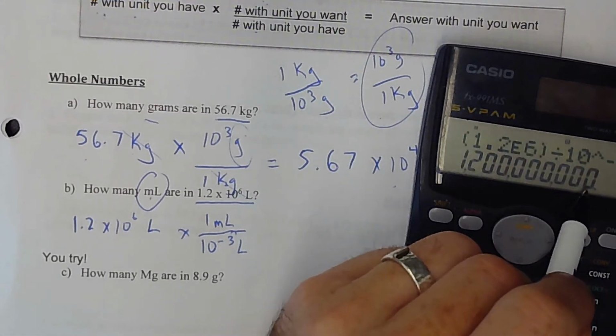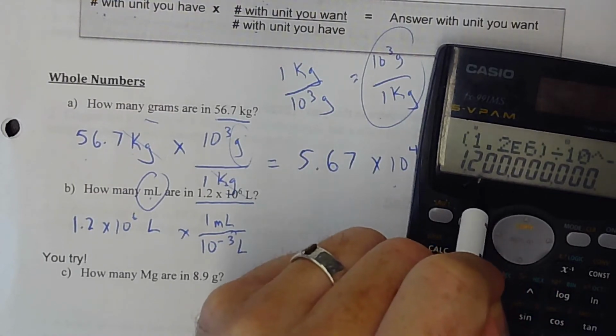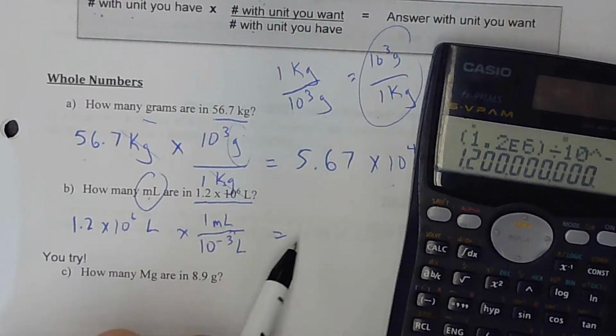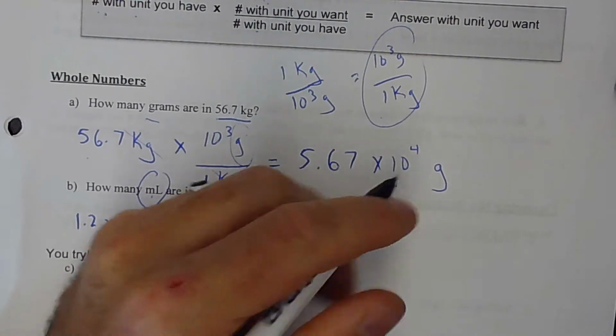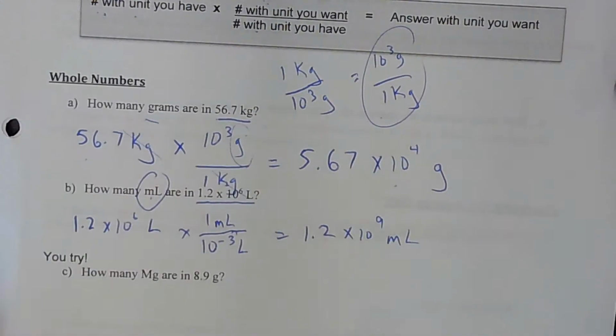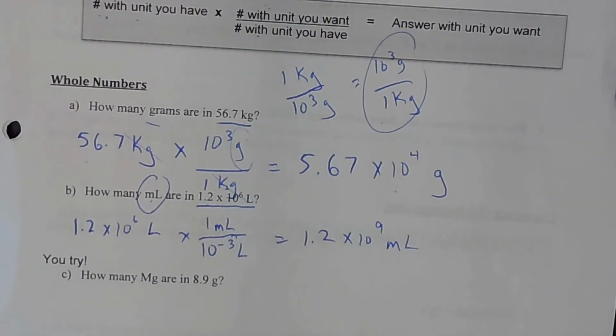We're jumping 1, 2, 3, 4, 5, 6, 7, 8, 9. 2 sig figs in the question, 2 sig figs in the answer. So we're going to get 1.2 times 10 to the 9 milliliters. Check: the liters cancel, we have milliliters, the conversion factor is right, so we got the correct answer.